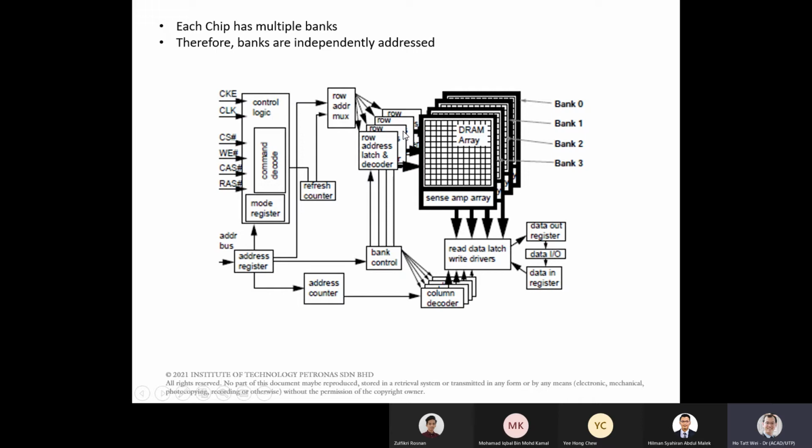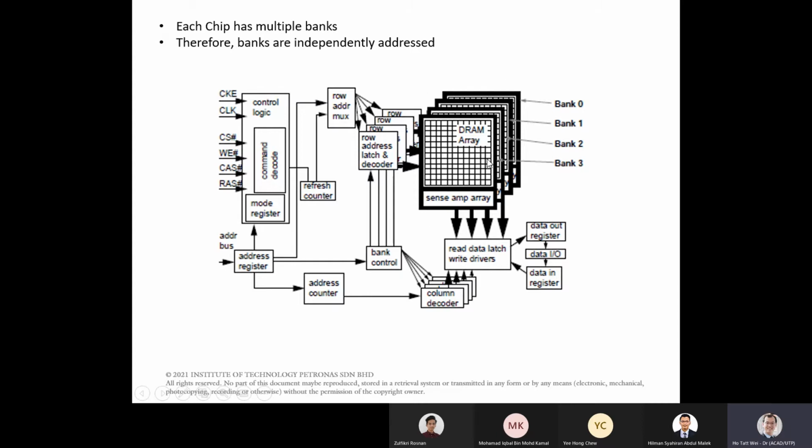Each of these banks will have a different row and column decoder, which means that I can access the data in each of these banks simultaneously. Which means that this is actually a way of pipelining memory accesses.